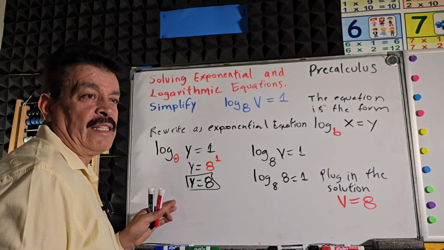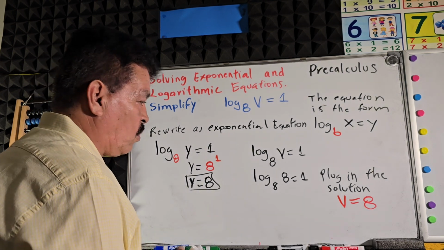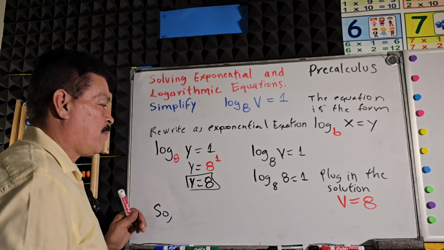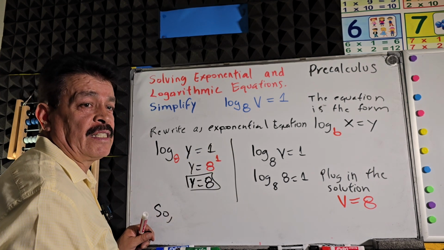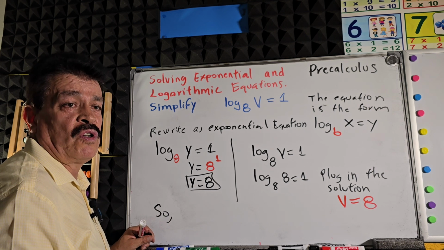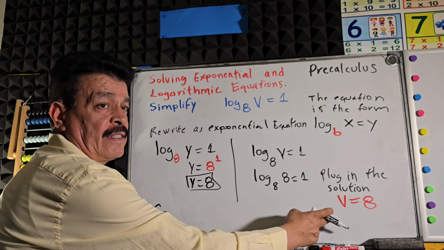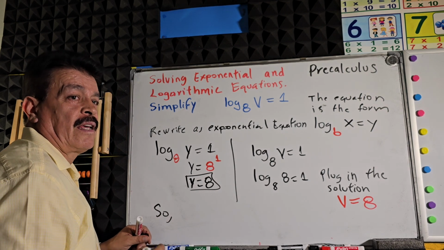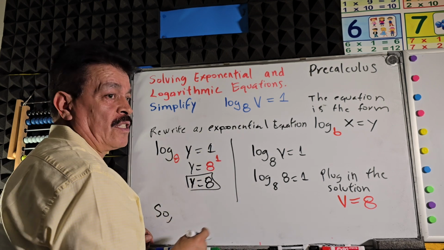So as a conclusion, when you see this process, the solution is valid only if the original equation is true.